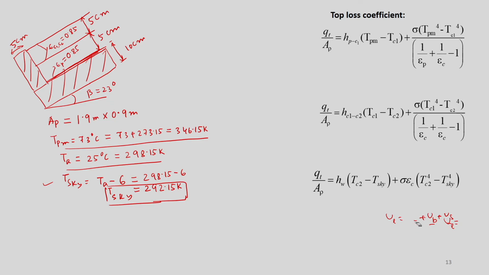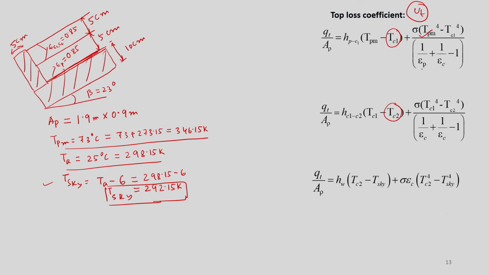So, let us wrap this part, this is not required at the moment. So, this top loss coefficient, our interest is UT we are going to calculate. In order to calculate this UT, you need to know this TC1 which is unknown for us, TC2 is unknown for us, only known is TPM.